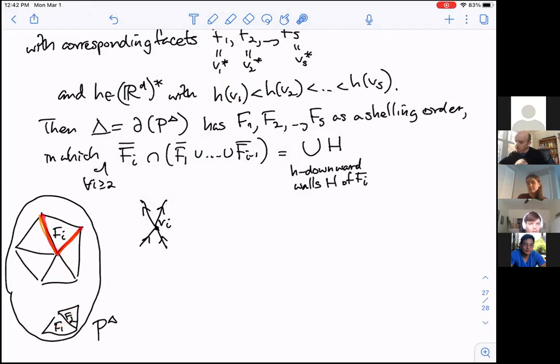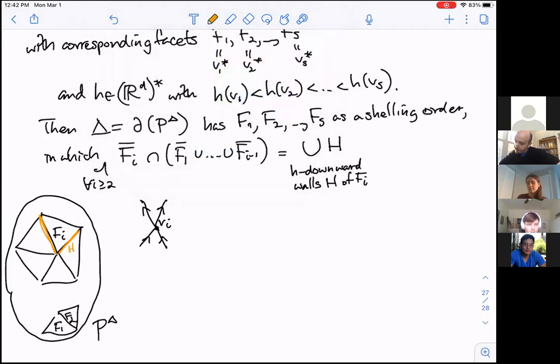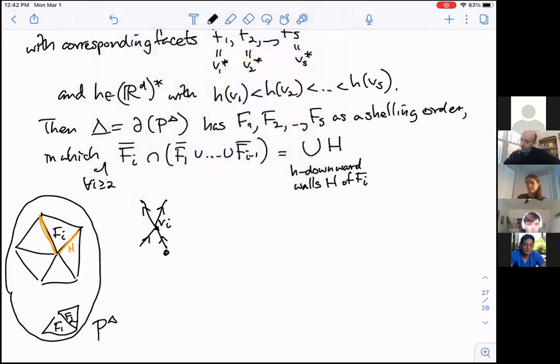But the old stuff that intersects the previously built subcomplex are these H's that correspond to, in the dual picture, vertices like this that are H smaller. So I'm assuming that this is supposed to be the picture over in P, and my functional H is increasing like that.